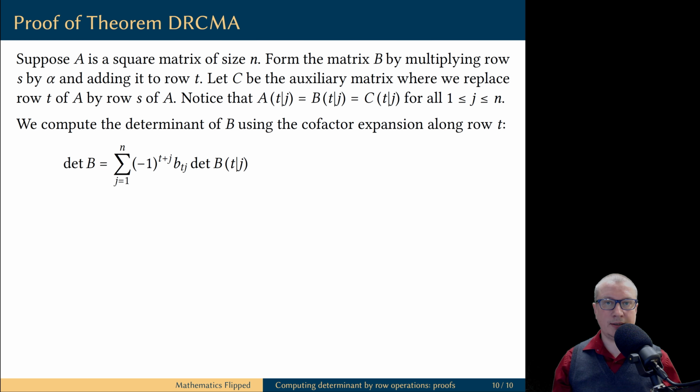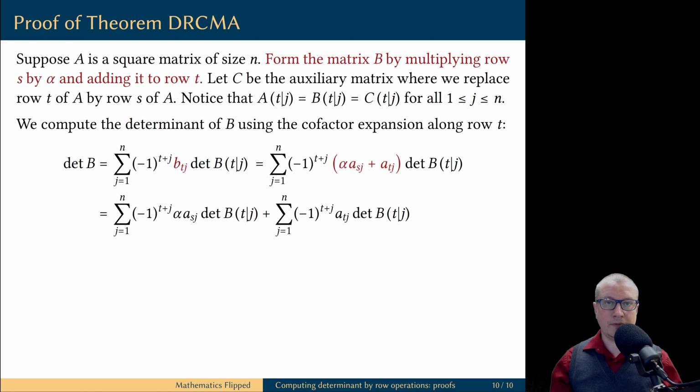With this in mind, we are going to compute the determinant of the matrix B by using the cofactor expansion along row T. The row T of matrix B was obtained by scaling row S of the matrix A and adding the result to row T of the matrix A. Now we are going to redistribute the terms and split this sum into two separate summations. In the first sum, we will factor out the scalar alpha.